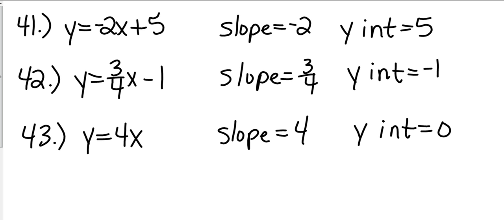Okay, so now we're going to go into writing an equation in point slope form. And so this is number 44. Okay, the answer to number 44 is y equals negative x plus 6.